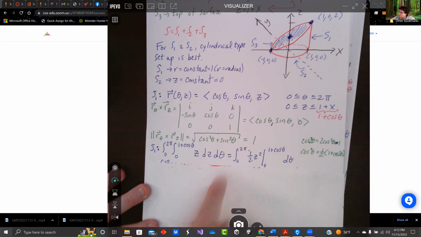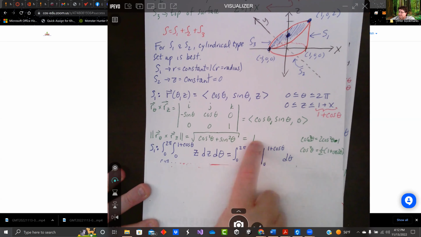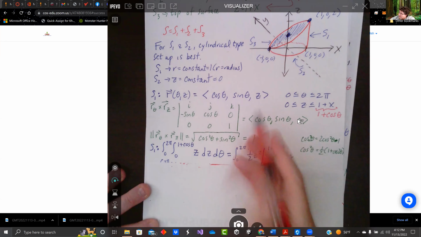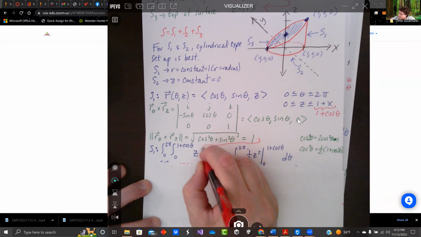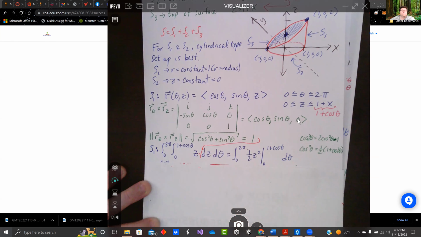And we have dz d theta. There's a 1 in there. I didn't show it. I should have, because it's important to note that goes in there. So times 1. But we know that doesn't change the outcome.